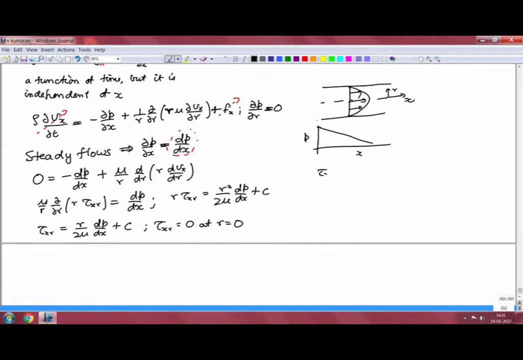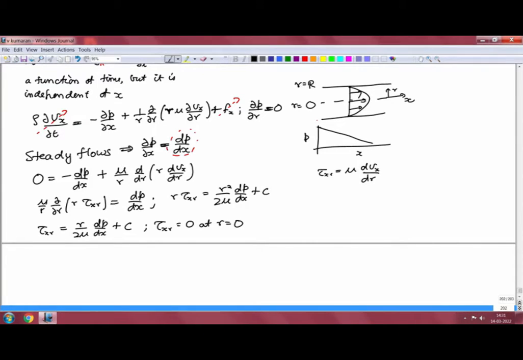We know that tau x r is equal to mu dvx by dr. And if you recall, when we did the problem of heat conduction in a cylinder, I had told you that the radial coordinate varies from 0 to 1, the scaled radial coordinate. In this particular case, it varies from 0 up to the pipe radius R, that is the extent of the radial coordinate. Therefore, we have to have boundary conditions at r is equal to 0 and r is equal to R.